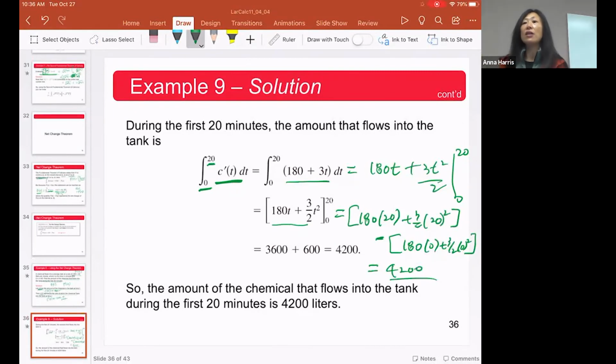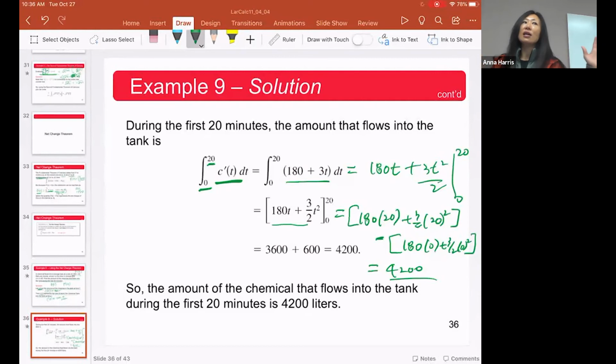The amount of chemical that flows into the tank during the first 20 minutes is 4,200 liters. Without knowing calculus, this problem would be tremendously hard. But because you know the fundamental theorem of calculus, you can figure it out.